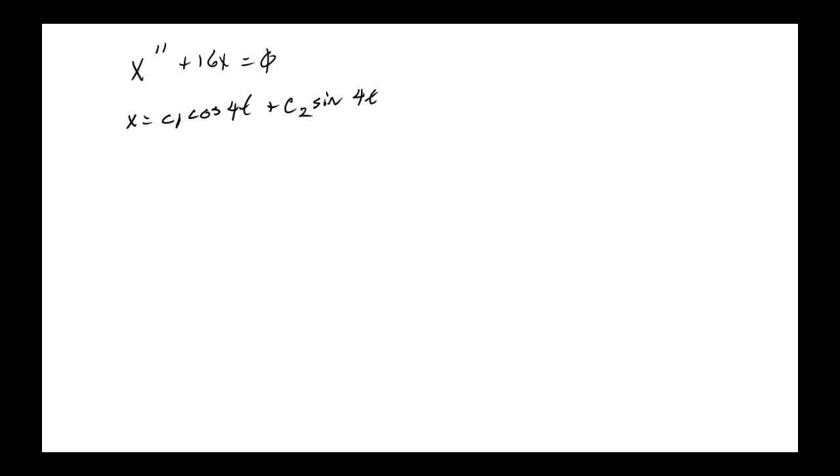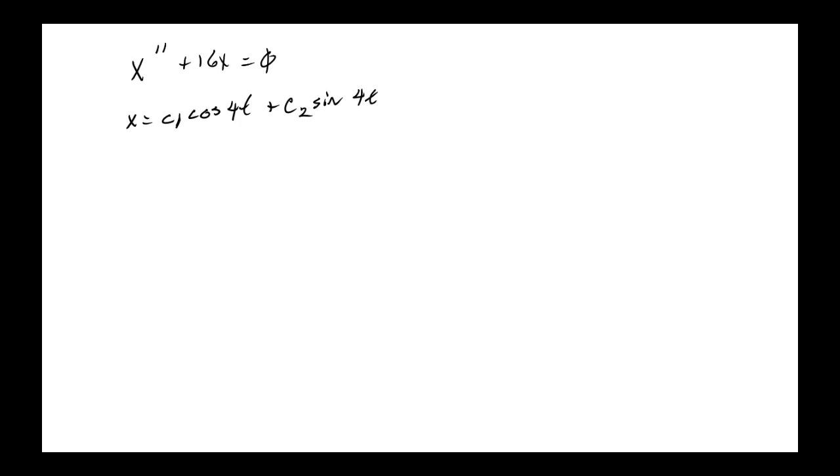And I hope you see, if you take the derivatives of it, y prime would be minus c1, 4c1, because of the 4 from here, 4c1 sine 4t, plus 4c2 cosine 4t, right? That's the first derivative.